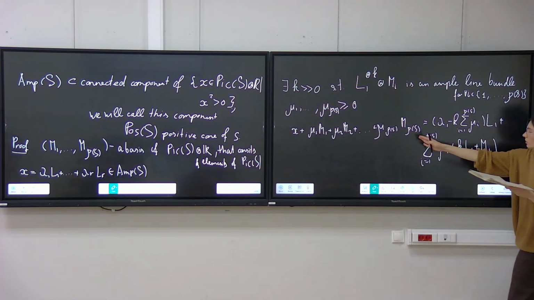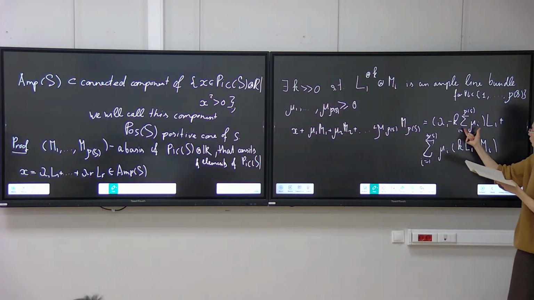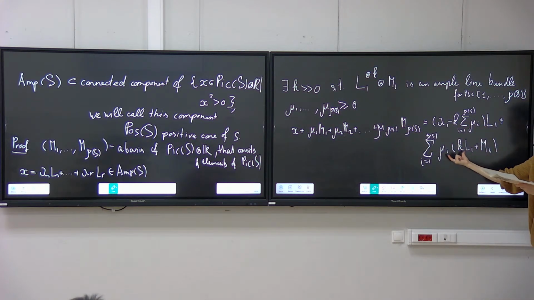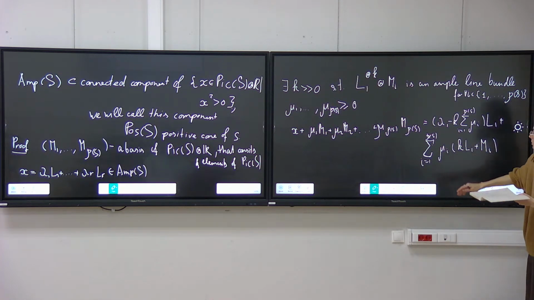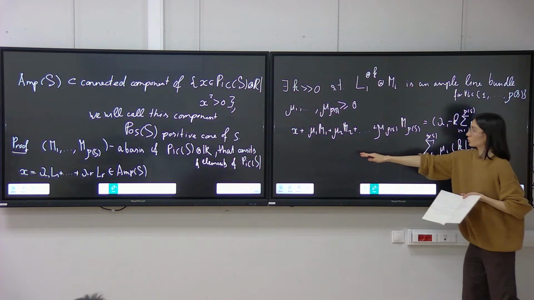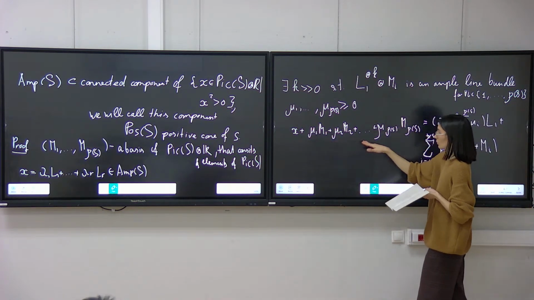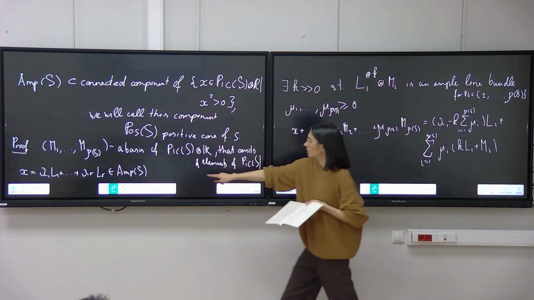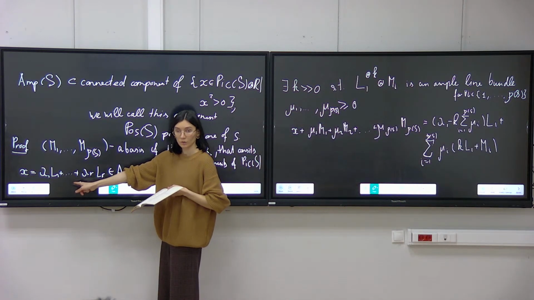We just add it here, and then we take it with minus sign here, and then add it here. So x is this linear combination.